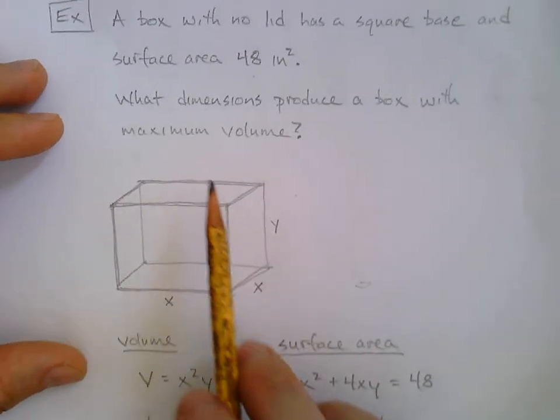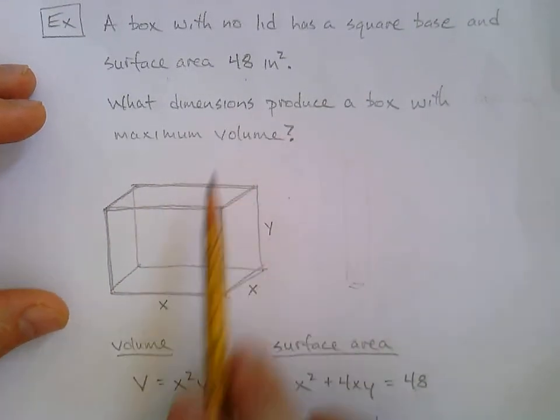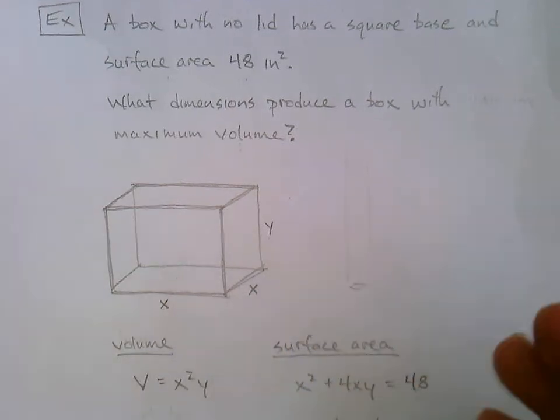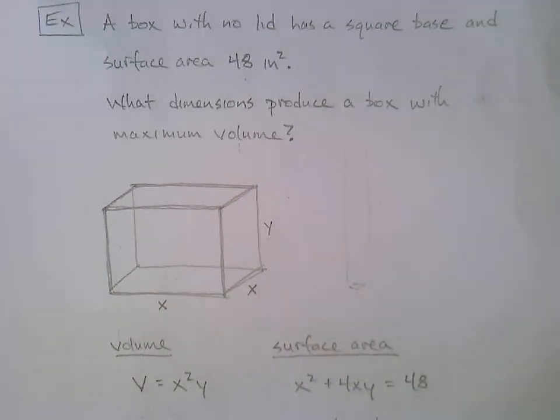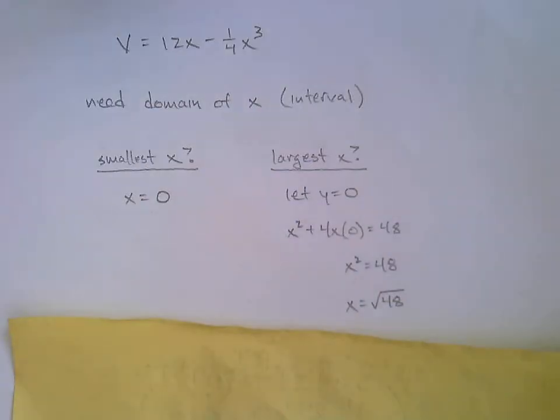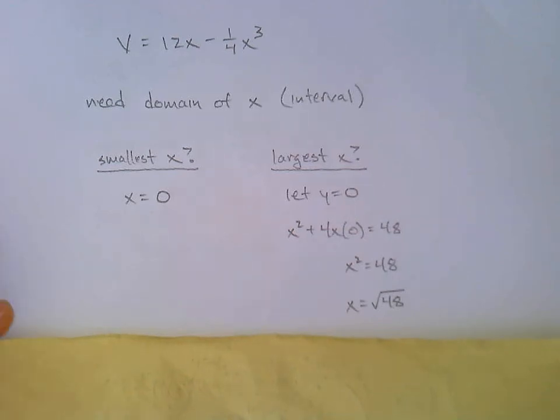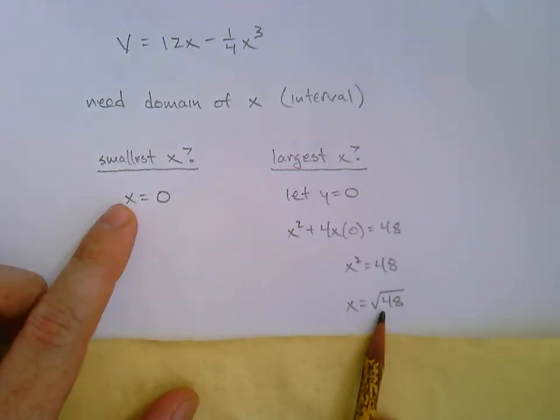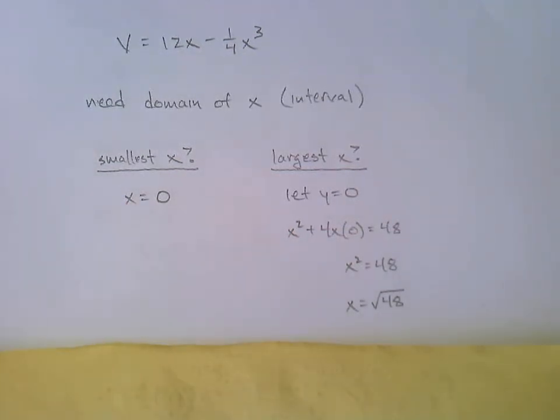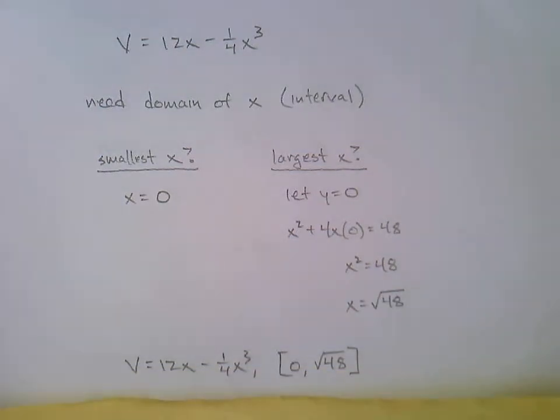Clearly that's not going to maximize the volume, but it is the biggest that x could be. That's the limiting boundary for x. So x is somewhere in between 0 and square root 48 for whatever box we're going to make.